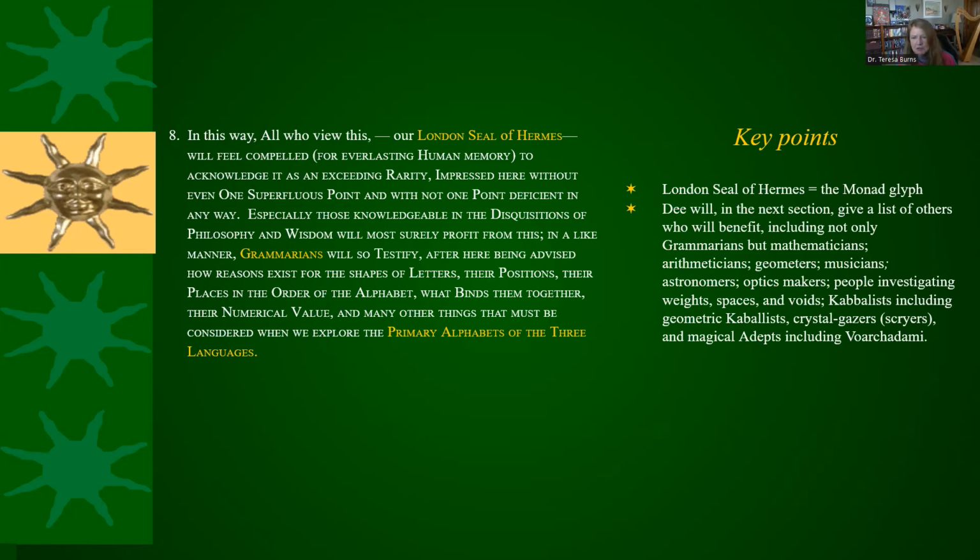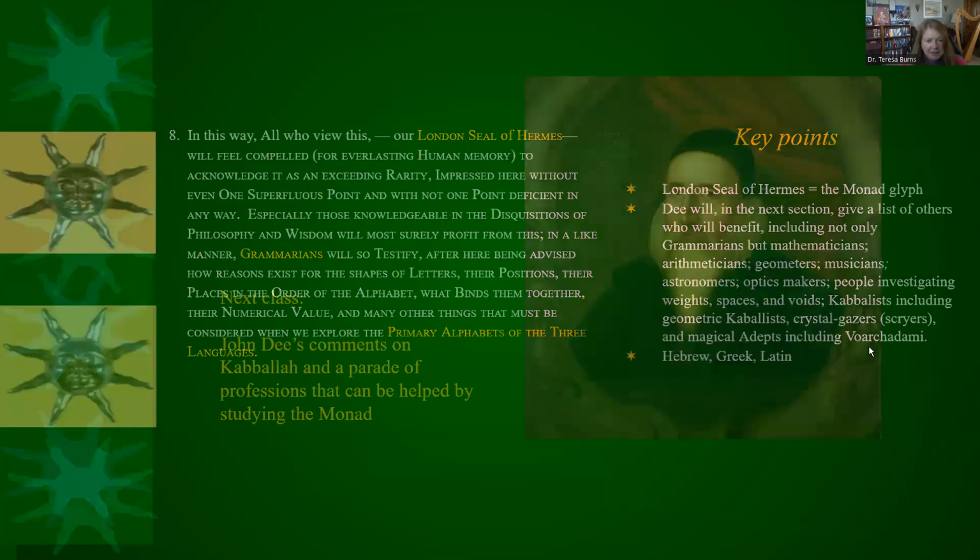It is mathematicians, arithmeticians, geometers, musicians, astronomers, people who make optical devices, people who are investigating weights and measures, people who are investigating spaces and voids, Kabbalists, including geometric Kabbalists, crystal gazers or scryers, and magical adepts, including Vorchadami. Remember, some of you have maybe seen my video on the Vorchadumi of Pantheus, and Dee will allude to that, of course. The primary alphabets of the 3 languages are Hebrew, Greek, and Latin.